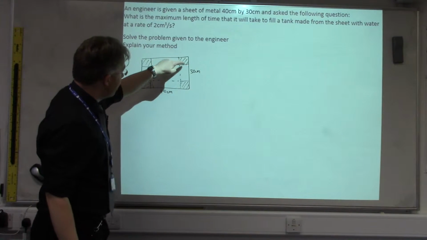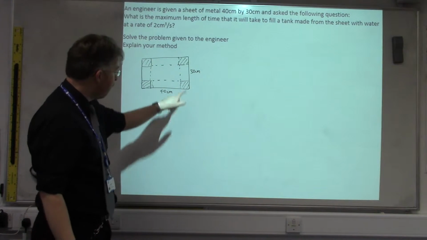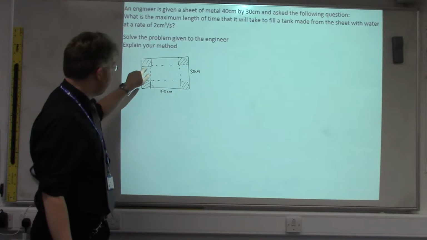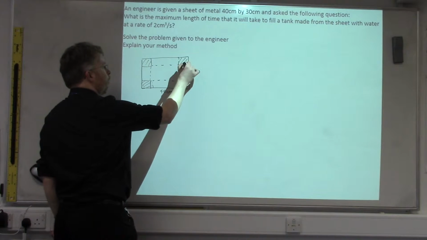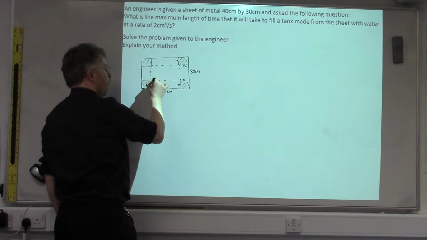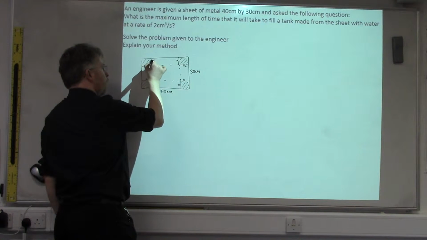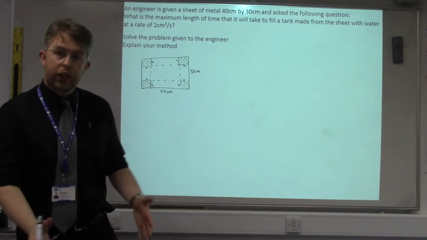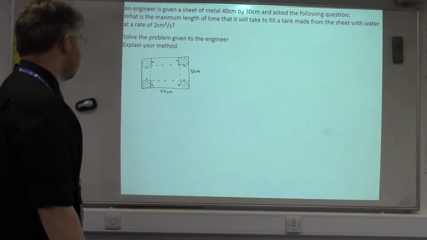We would attach this side to this side, so they'll have to have the same length. And similarly for each of the squares. So each of these are squares. I'm going to say that they're x by x, because at the moment we don't know what size squares we would cut out of each corner.